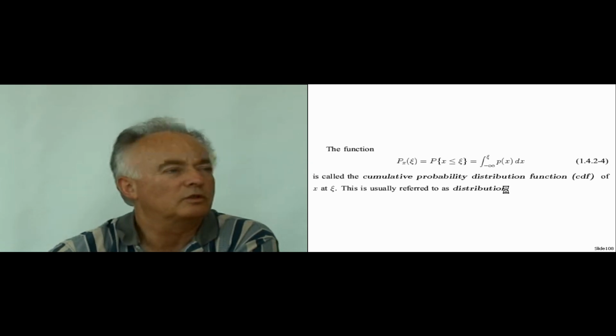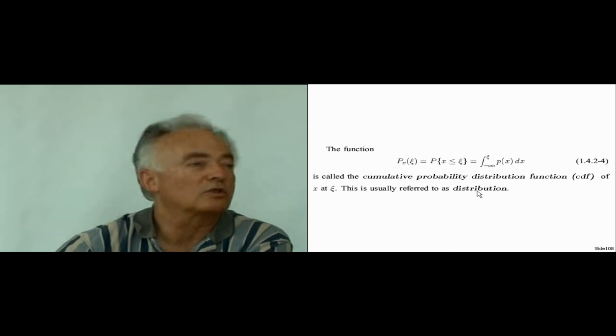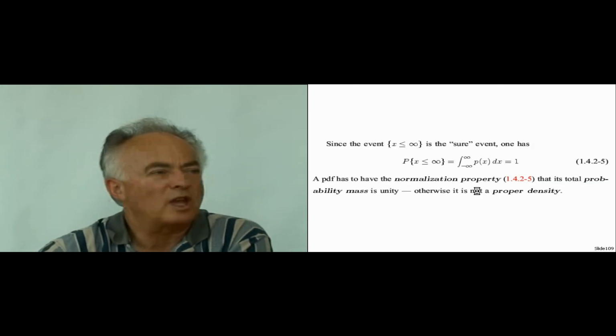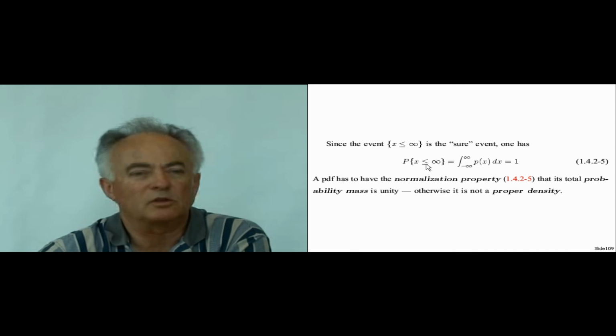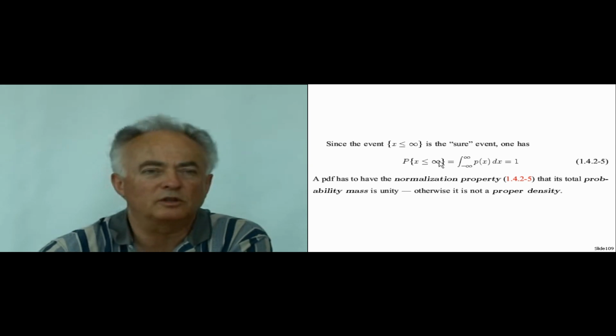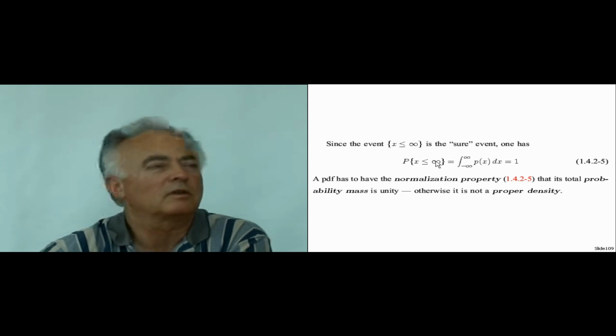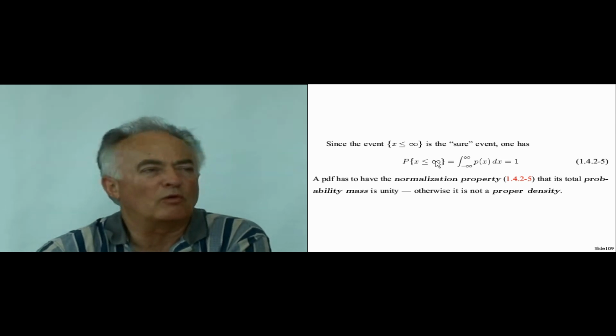Those are shorthand designations. Now, the event X less than or equal to infinity is the sure event. So P of X less than or equal to infinity: any random variable that takes values on the real line would have to be less than or equal to infinity. Therefore, the integral of its density function from minus to plus infinity is unity.